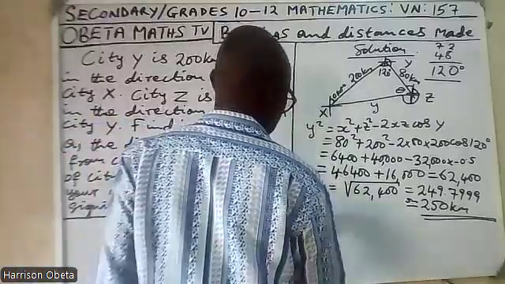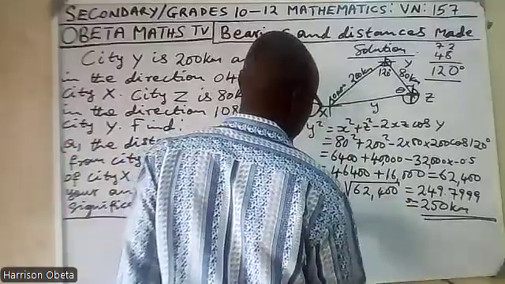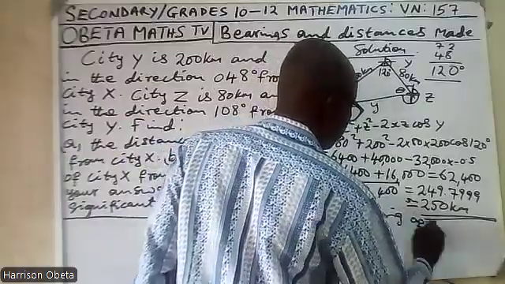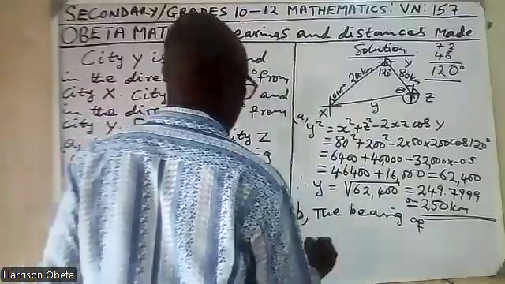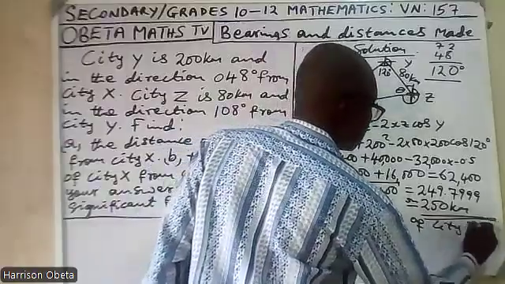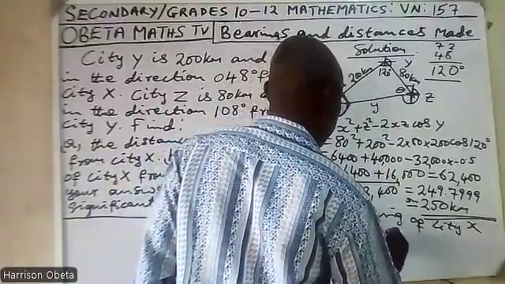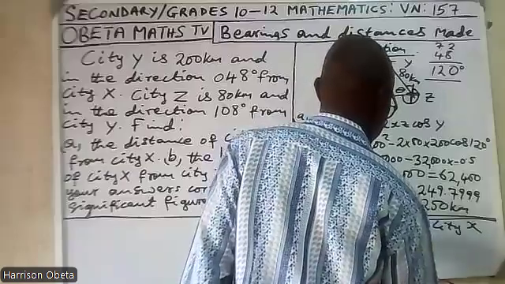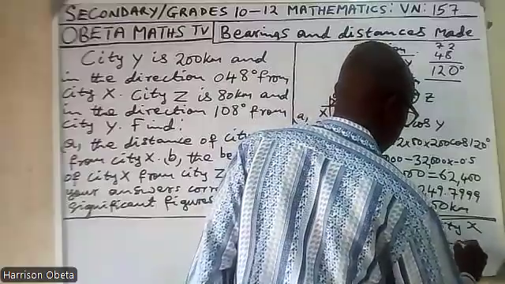So, B part of the question, the bearing of city x from city z is equal to 72 degrees plus theta.